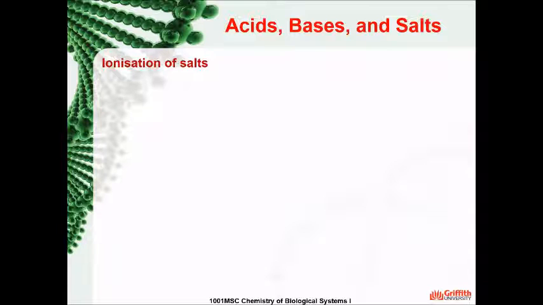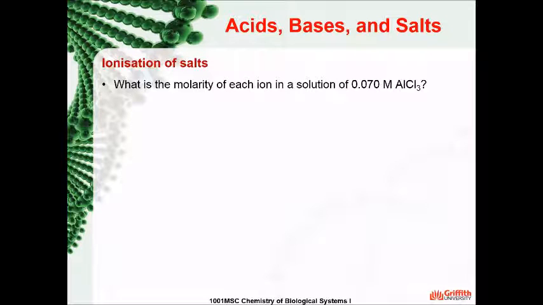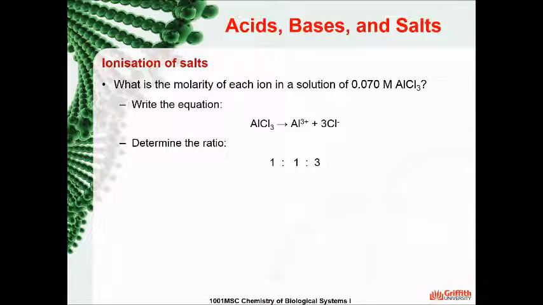Let's practice an example. What is the molarity of each ion in a solution of 0.07 molar AlCl3? First, we need to write the equation. AlCl3 gives Al3+ plus 3Cl-. The ratio is 1:1:3.